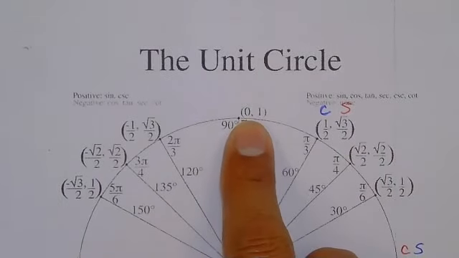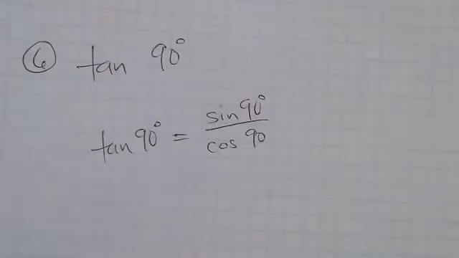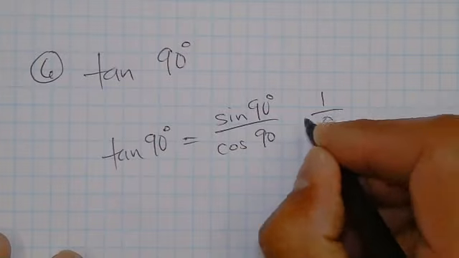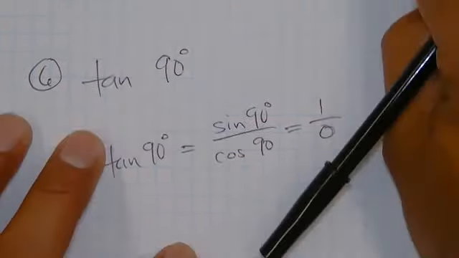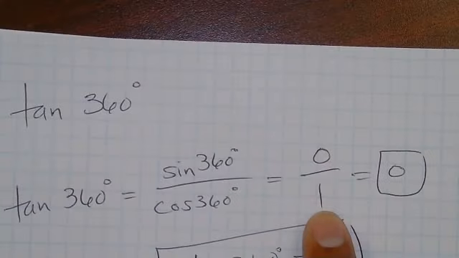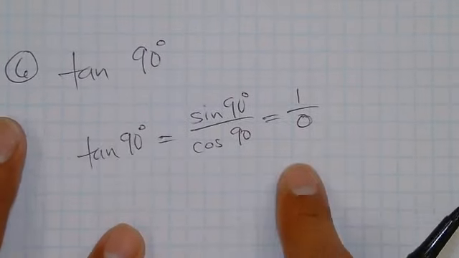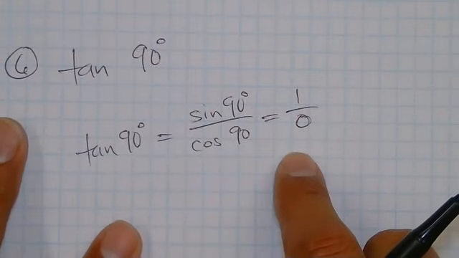Go to your unit circle for these values here. I'm over here at sine of 90 degrees. 1 over 0. Okay, good. Everybody agree you're going to get 1 over 0?